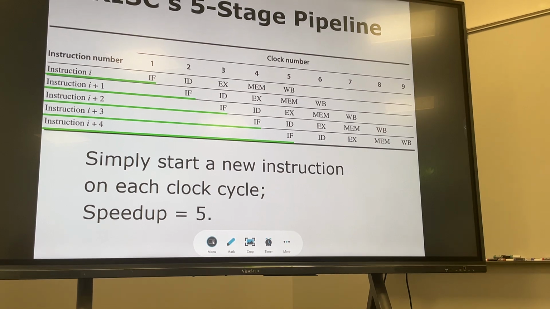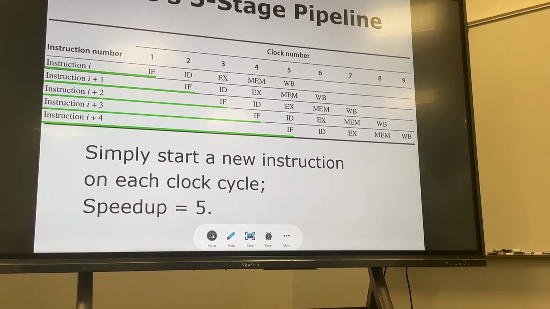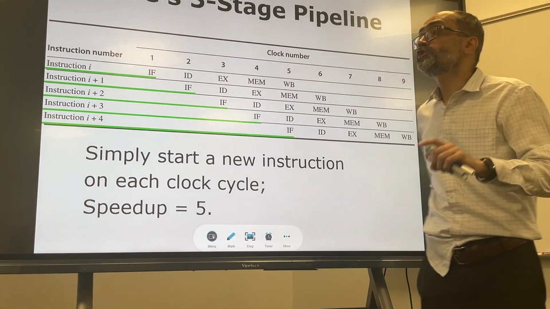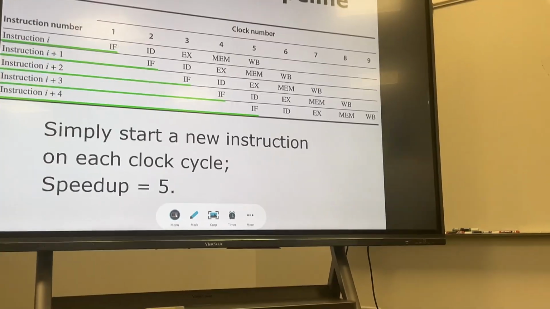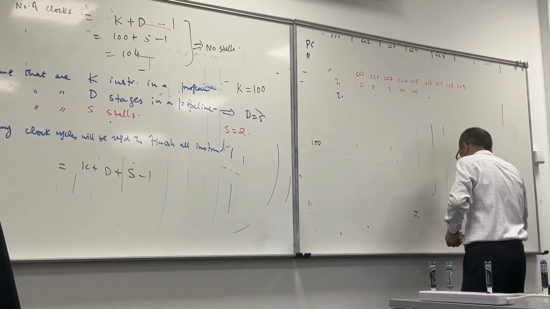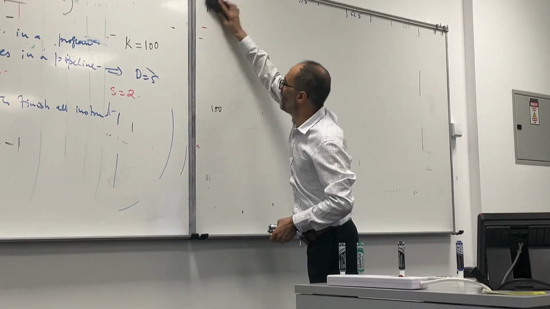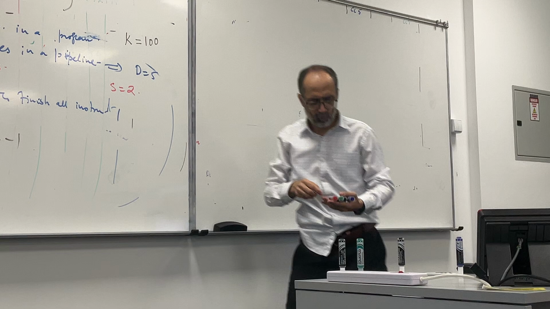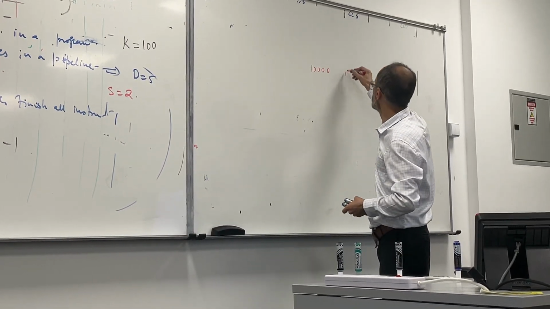And typically, please remember the speed up if there are no stalls. If there are no stalls, what is the speed up? I'll explain the speed up formula. This is very important. Assume that we have 10,000 instructions.